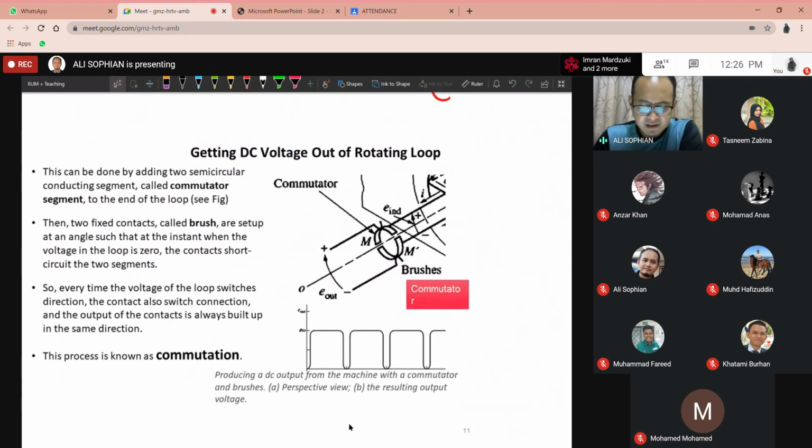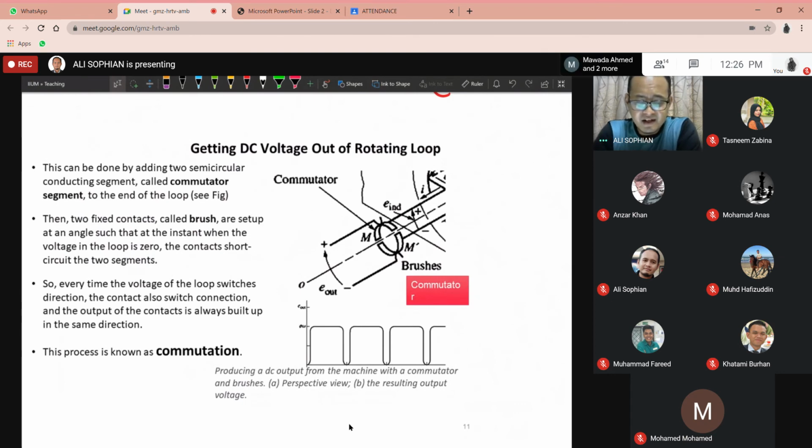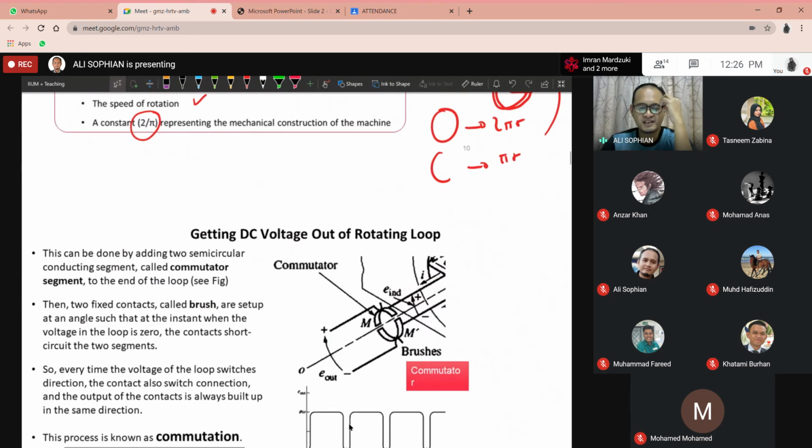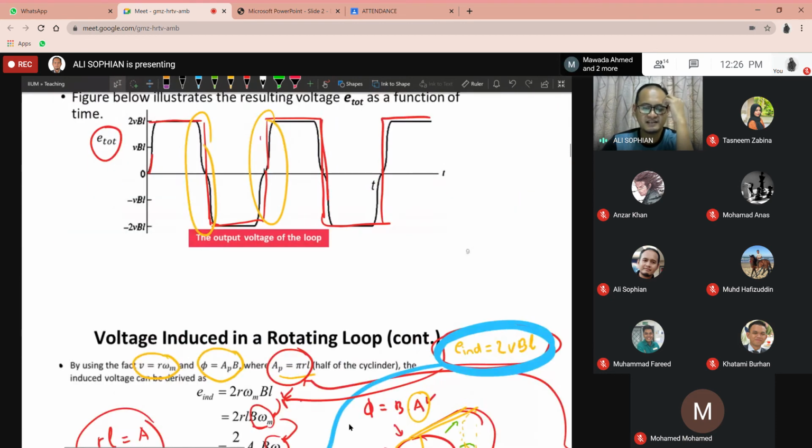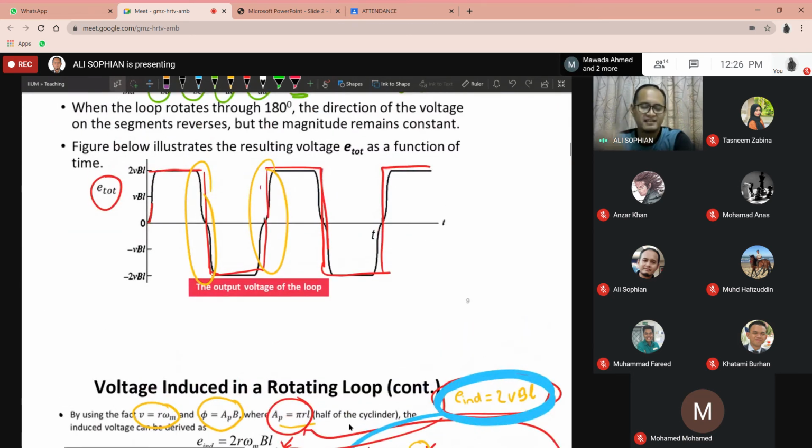And here we've got getting DC voltage out of the rotating loop. Remember that the output so far that we got is not a DC. The output is alternating positive and negative voltage, which is this here. So it's an AC actually.